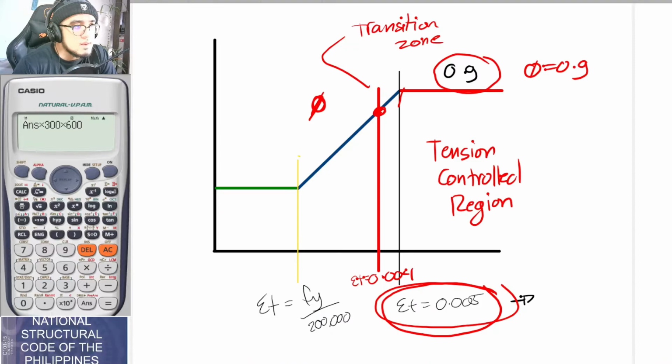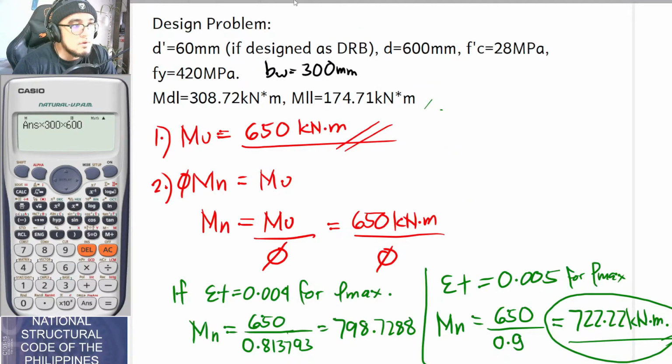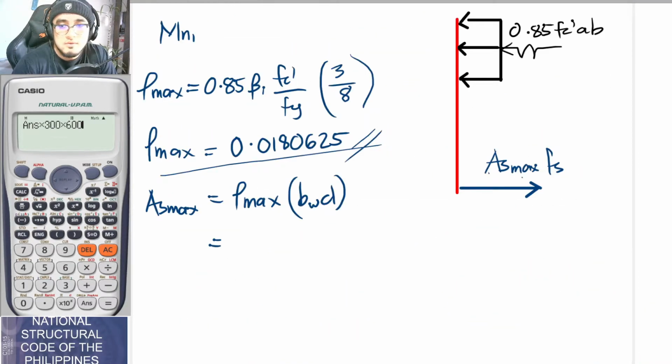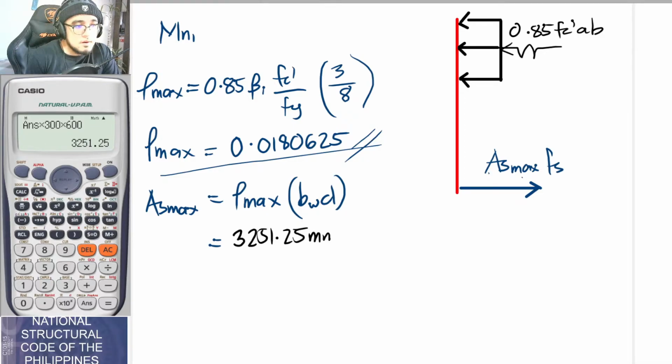Was that the effective depth? Correct. So our As max is now equal to 3251.25 millimeter squared.